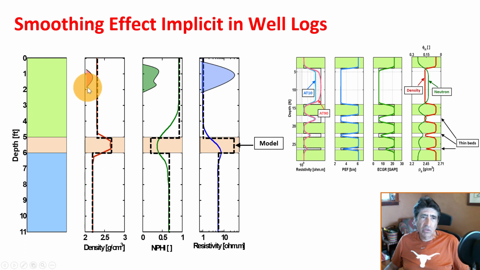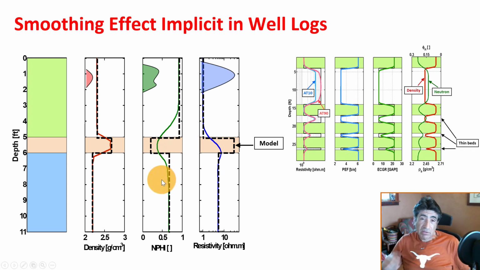And look at this, the one with the best result has an average that rounds off the borders. Initially the border was very discontinuous, but now it's smooth. It gives us a very good value in the center, but again, a smooth representation of the original reality. For the neutron log, because the volume of averaging is larger, the effect of smoothing of the original properties is more emphasized, as shown here.